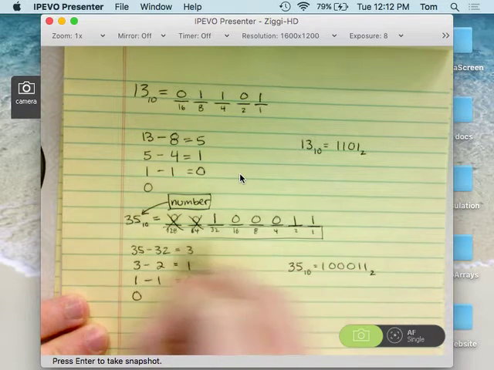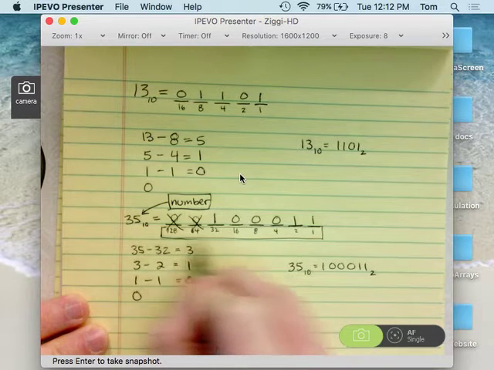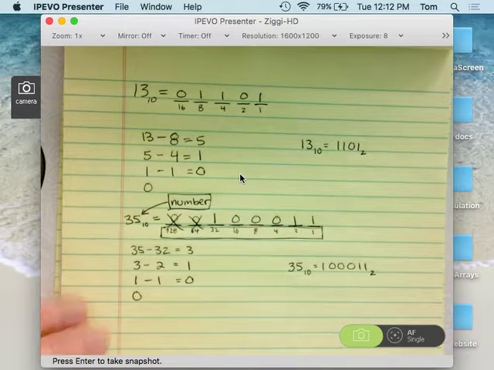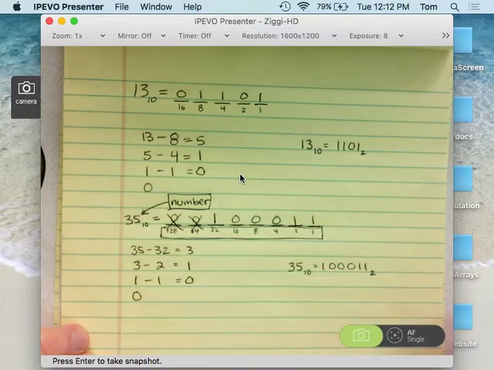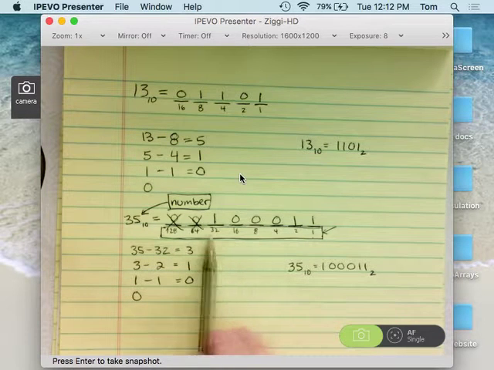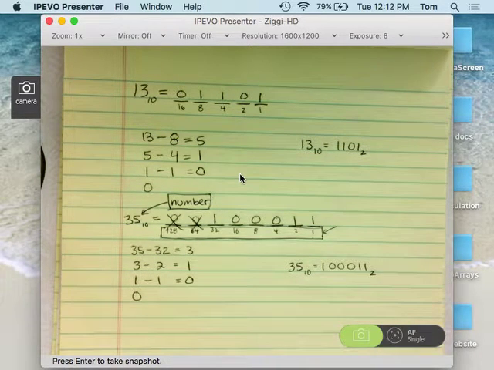Can anybody come up with a good descriptive term for those values? What do you notice about those? The ones down here: 1, 2, 4, 8, 16, 32, 64, 128.